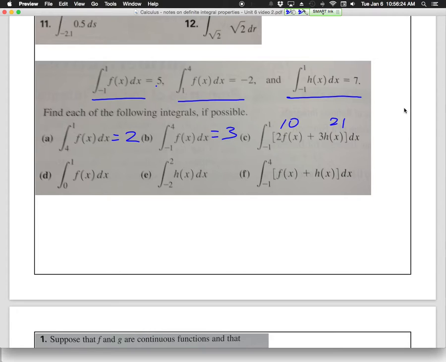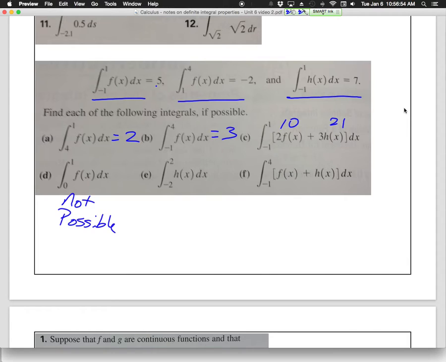Can't find it. Not possible. I told you there were some of these that wouldn't be possible, and it says impossible. Why is it not possible? Because it doesn't give you a range. I don't have a limit. In order to find that, I've got to have something up there with a limit of 0. And there is nothing up there with a limit of 0.